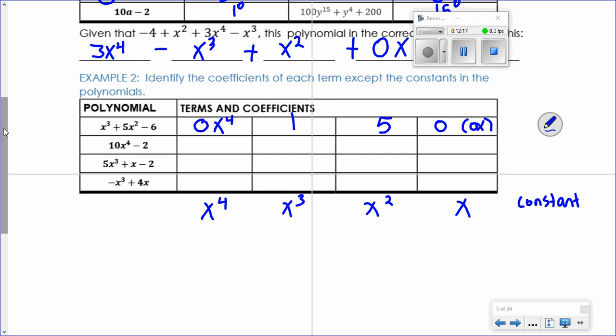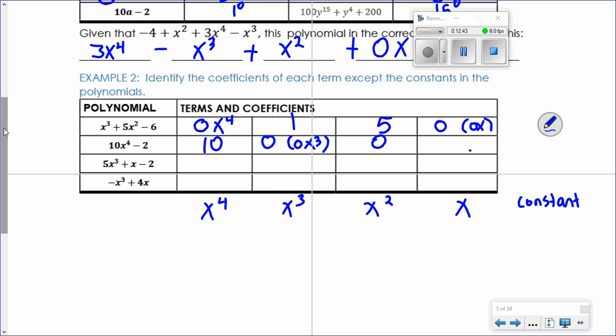You ready for the next one? What's our coefficient? 10. What about x cubed? What would our coefficient be? 0. Make a little note. It's 0x cubed. What about the x squared term? 0. Good job, guys.